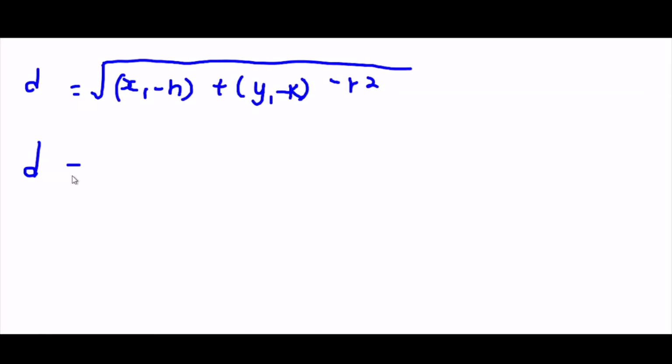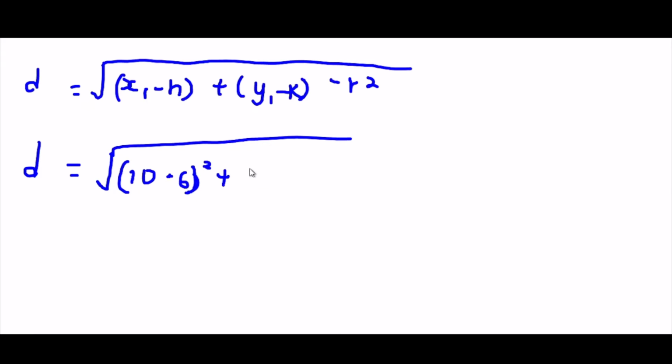So our d will be equal to the square root of (10 - 6) squared plus (11 - 7) squared minus 4.